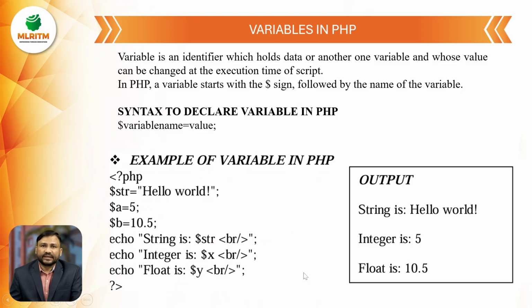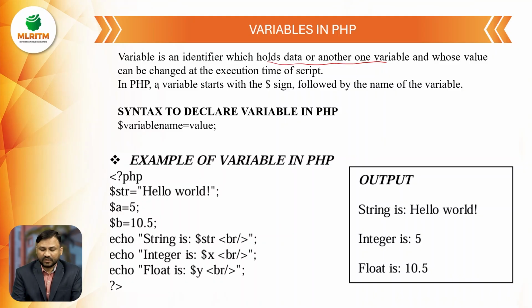We can say it is an identifier which holds data or another variable and whose value can be changed at the time of execution. That's why the name is given as variable. At the time of running the program, once we compile the program, the value of that variable can be changed.